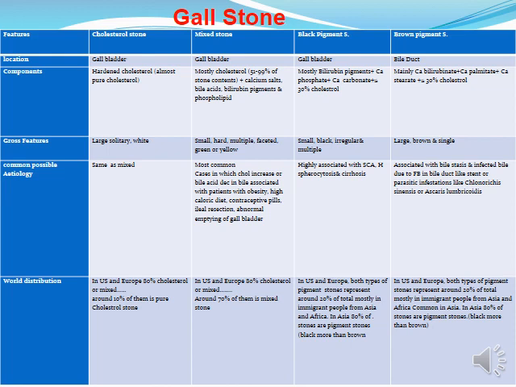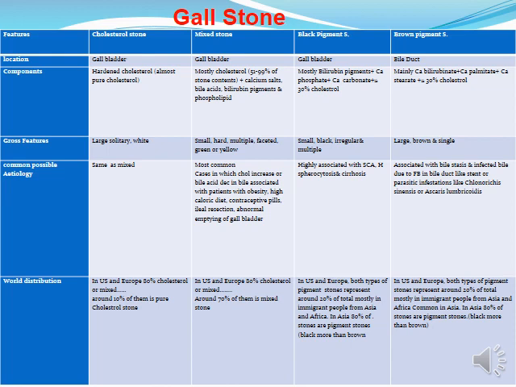While brown pigment stone consists of 30% cholesterol or less, and mainly consists of calcium bilirubinate plus calcium palmitate plus calcium stearate.